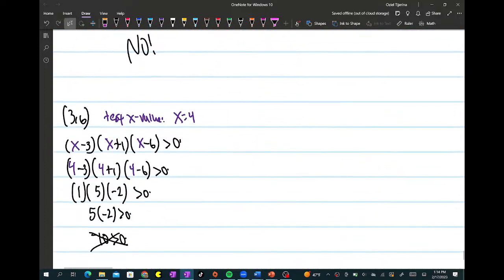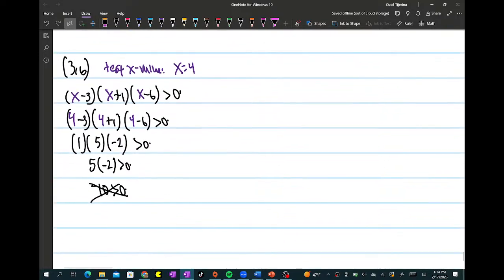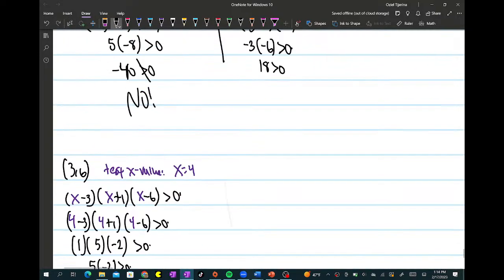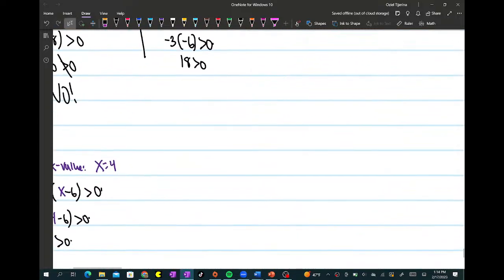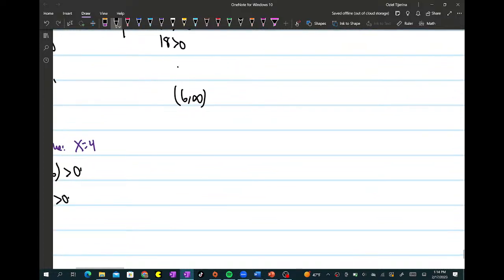So no, right? And now what about from 6 to infinity? So that's the last one that we're gonna do. We can pick, so this is the test x value, like I said, between 6 and infinity, we can pick x equals 7.